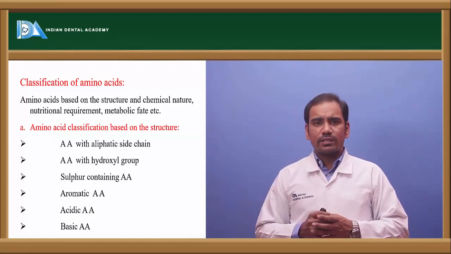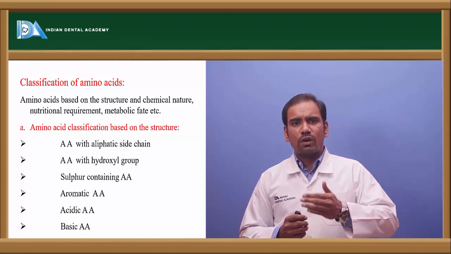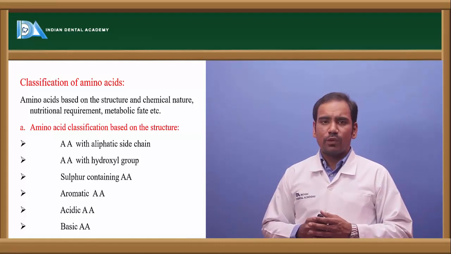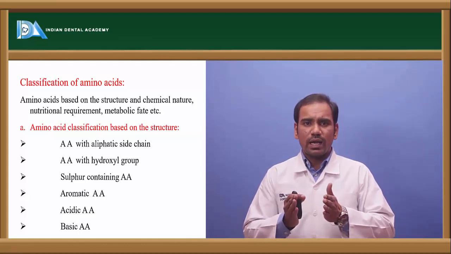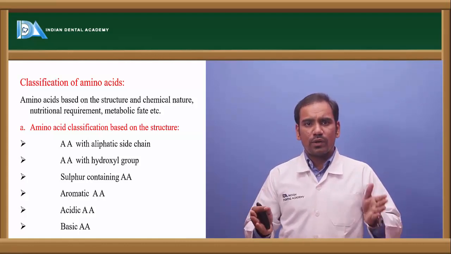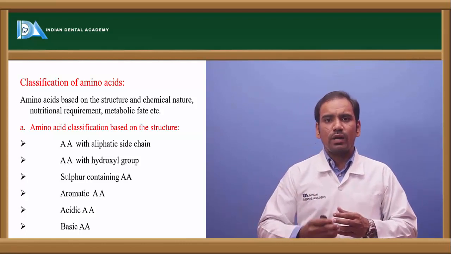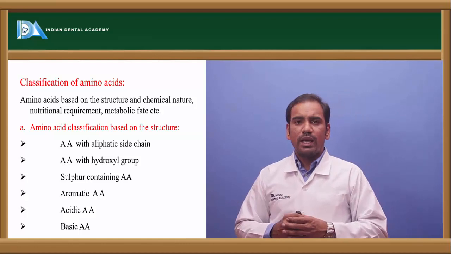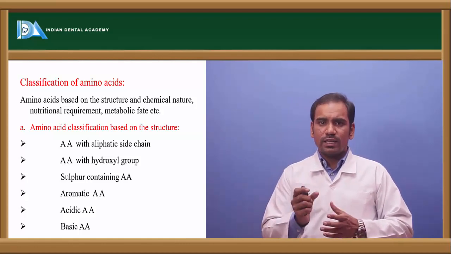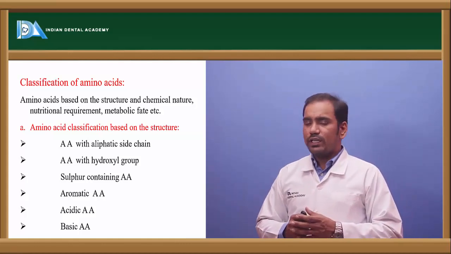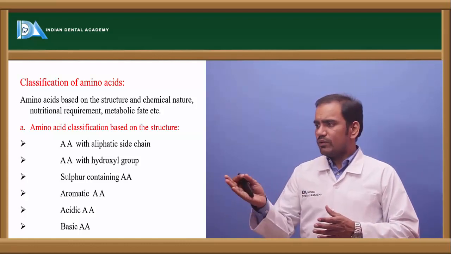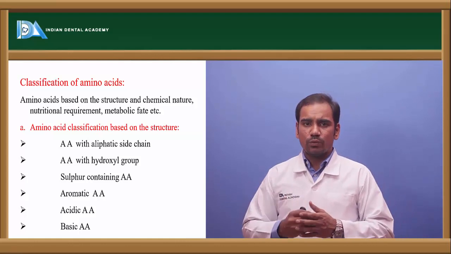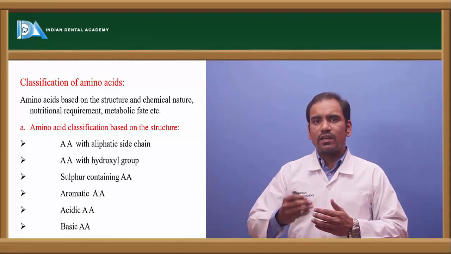When an amino acid has more than one carboxylic group, we call it an acidic amino acid. Basically an amino acid has one amino group and one carboxyl group, so when it has more than one carboxyl group, it is an acidic amino acid, because there is an additional carboxylic group.